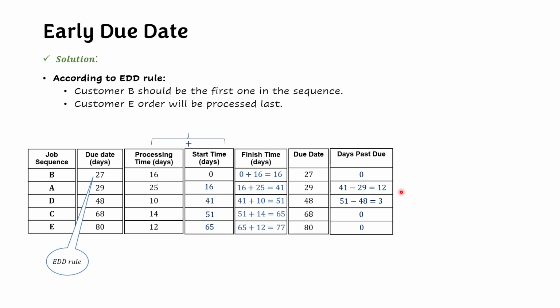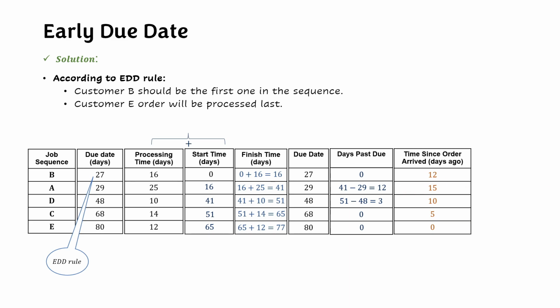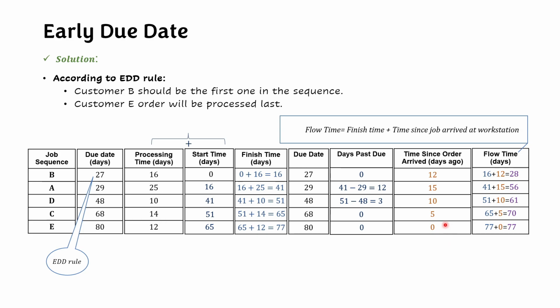Next, we calculate the flow time. We calculate the flow time by adding the finish time and the time since the job arrived at the workstation. This information about time since order arrived is available in the problem statement, and we have the information about the finish time in this column.